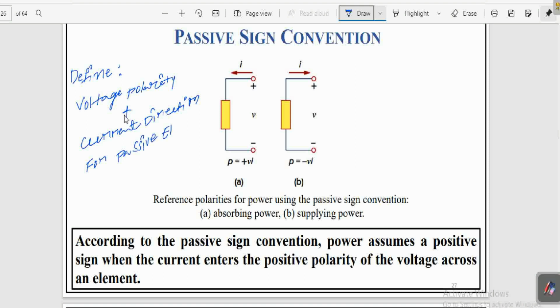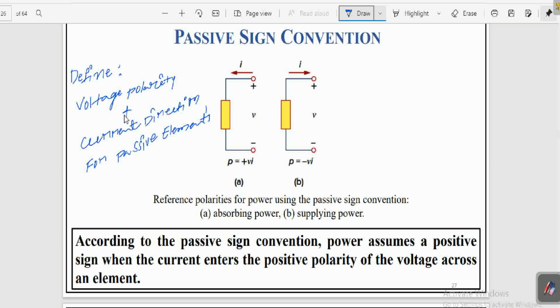So this is the main use of positive sign convention. With the help of positive sign convention, we are going to define voltage polarity and current direction for passive elements.